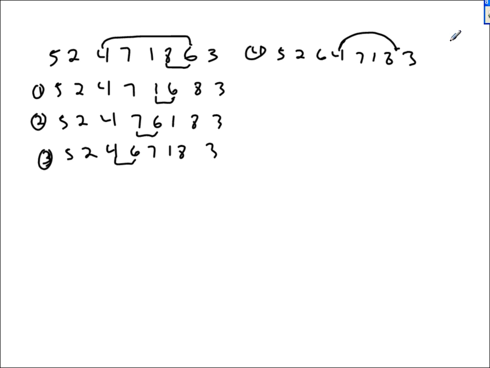Well, if it took me 3 moves to get this 6 right before 7, 1, 8, 3, well, now I have 4 instead before it. It's just a number. In other words, the number of times it'll take for me to get the 4 over there is not dependent upon the fact that it's a 4.